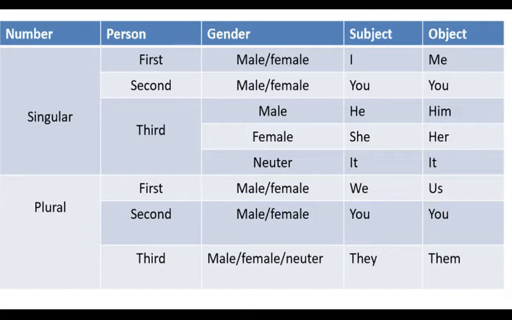Neuter, subject is it, and the object is it. For the plural, we have we, you, and they as subjects, and the equivalent in object form is us, you, and them.